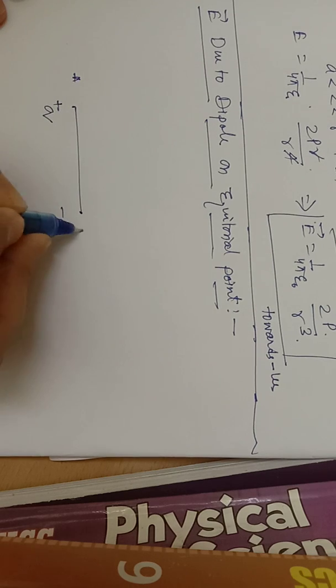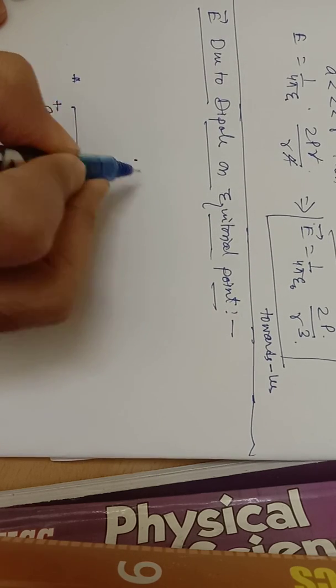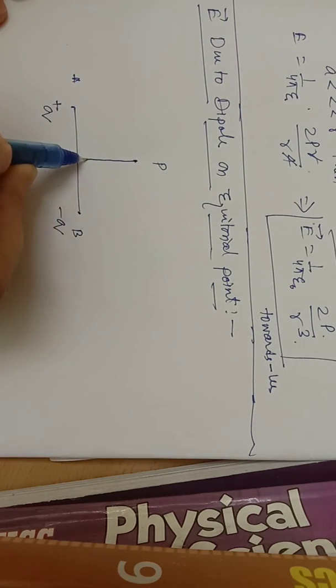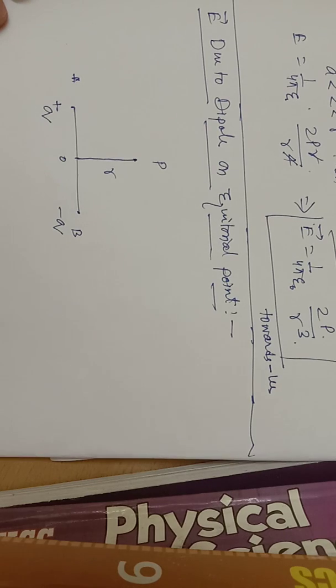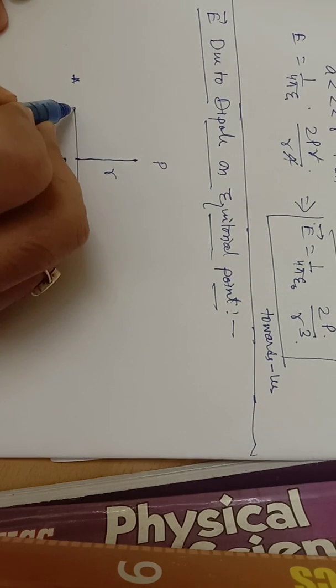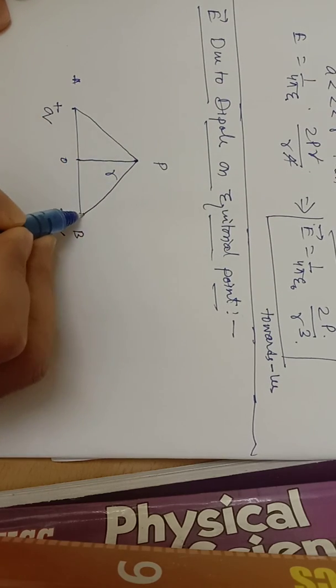This dipole is A, B, this is the midpoint, and suppose the point P is here, the equatorial point. It will be at a distance r. As I told you, the distance r is always from the center of the dipole, and we will join this also.